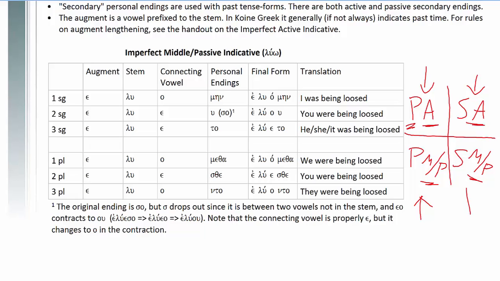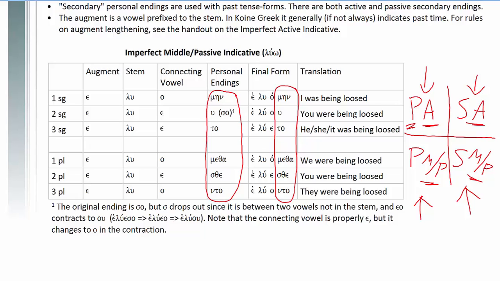And now here we are at the secondary middle passive endings, and here they are. So you could memorize them as: men, so, to, metha, sthe, nto, and in fact that's how they actually are over here: men, so, to, metha, sthe, nto.